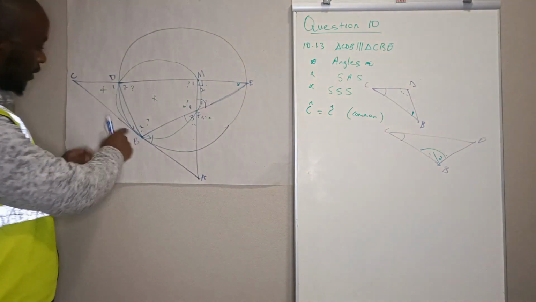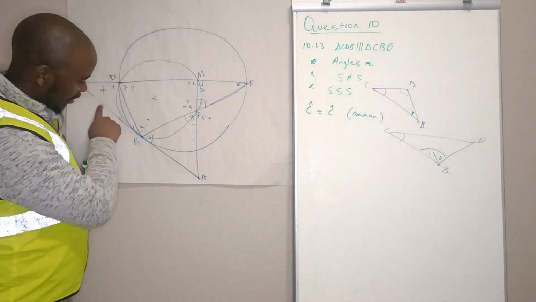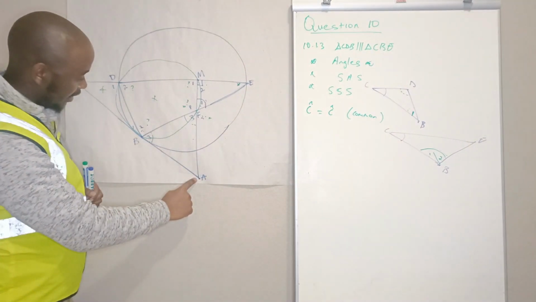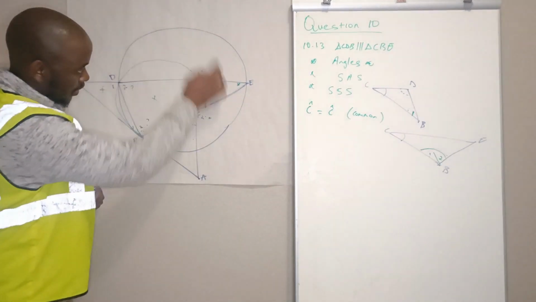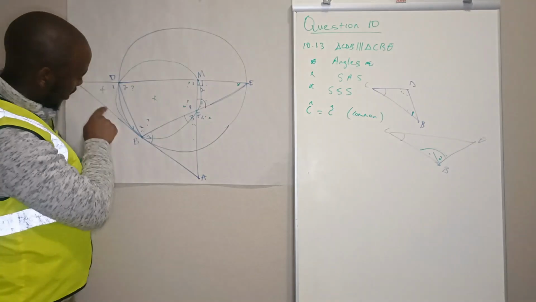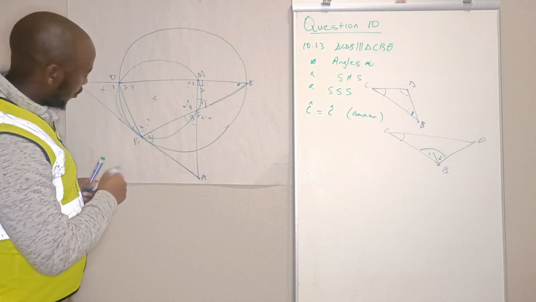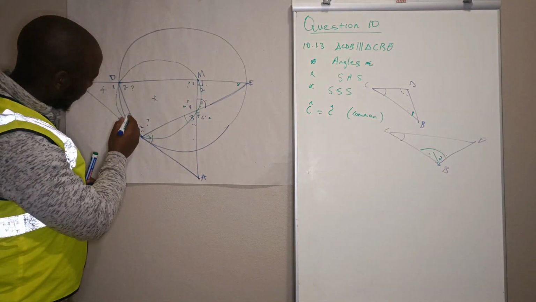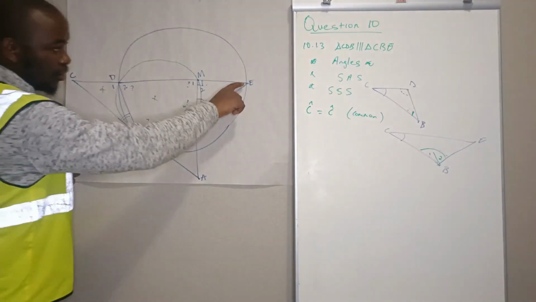So B1, we see that B1 is falling on this straight line, and that straight line is a tangent. B1 is not inside this circle. It is between a tangent and a chord. Tan-chord theorem. So this angle B1 must somehow relate to E.